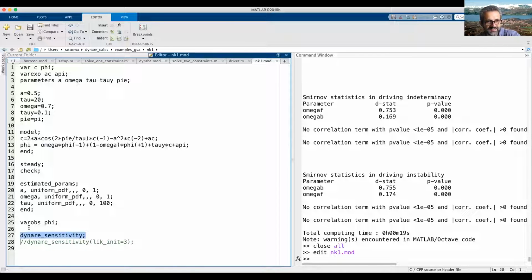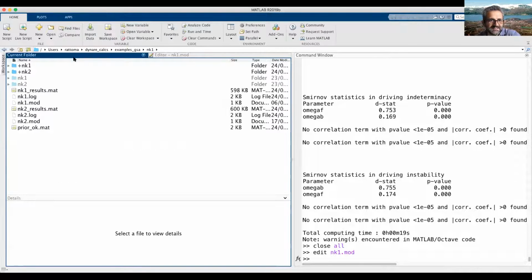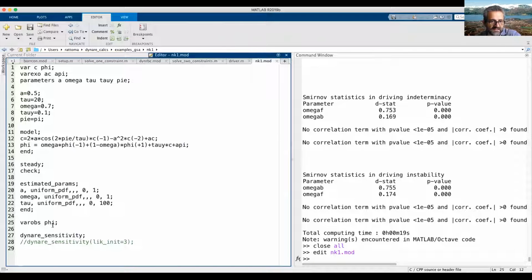So Dynare also expects an observable, even if in the end we are not using this information. Even if you don't have the data, even if there is no data set in the directory, it's enough that you declare whatever endogenous variable as an observable. Otherwise, you get a crash.